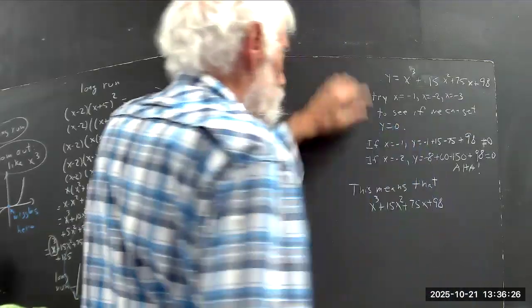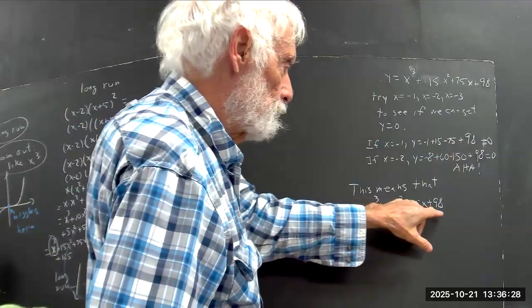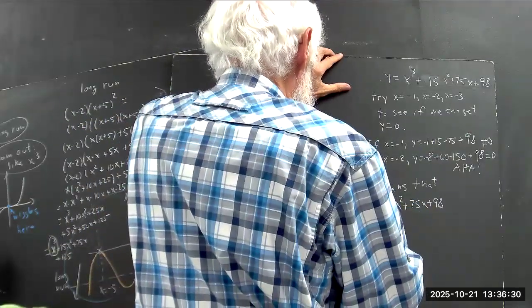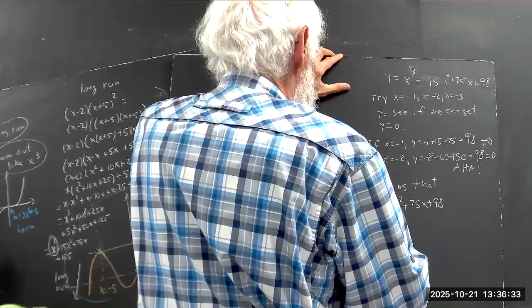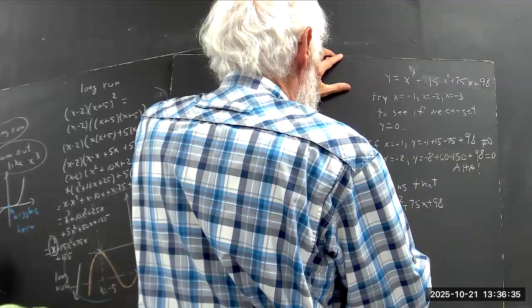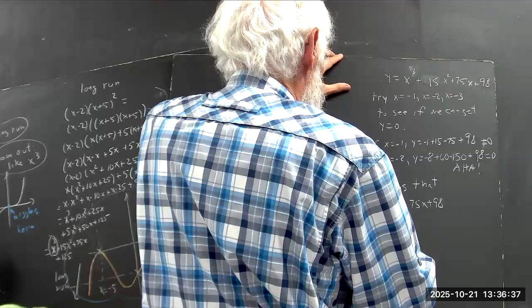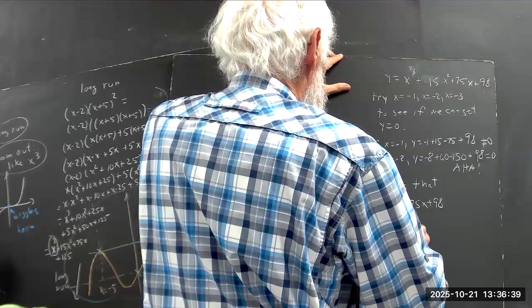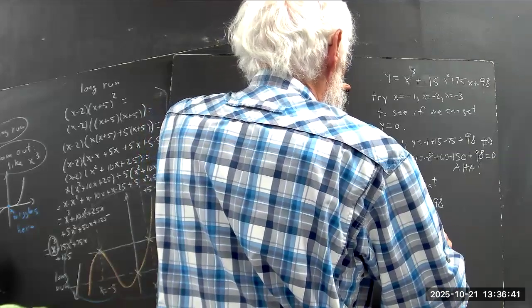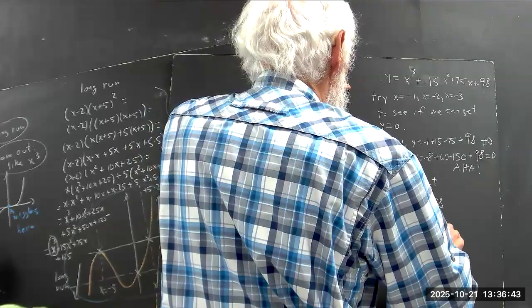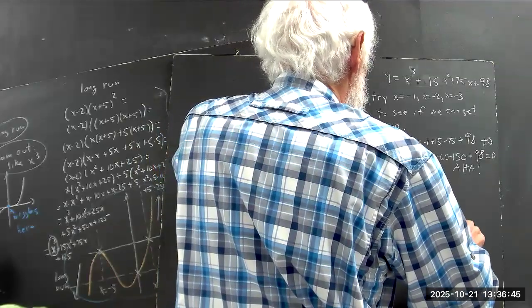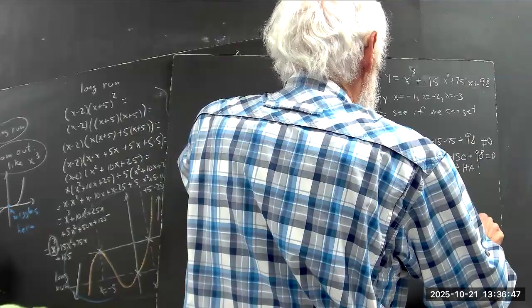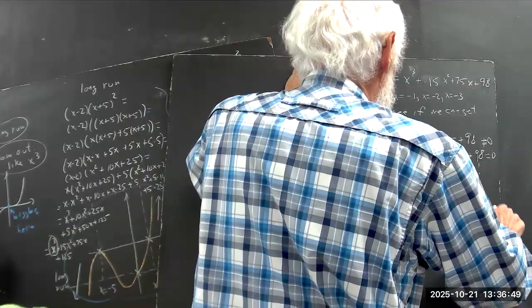This means that x cubed plus 15x squared plus 75x plus 98 equals x minus -2 times something else nice.